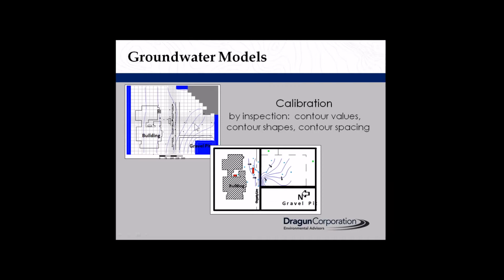And so we take our flow system that we got of the model and compare it to the flow system that we saw from our field data. And you can see that the shapes are pretty much the same. You can see that we have a higher gradient down in here, where we see a higher gradient down here. So just looking at it, it looks like it's replicating the actual flow system pretty well.